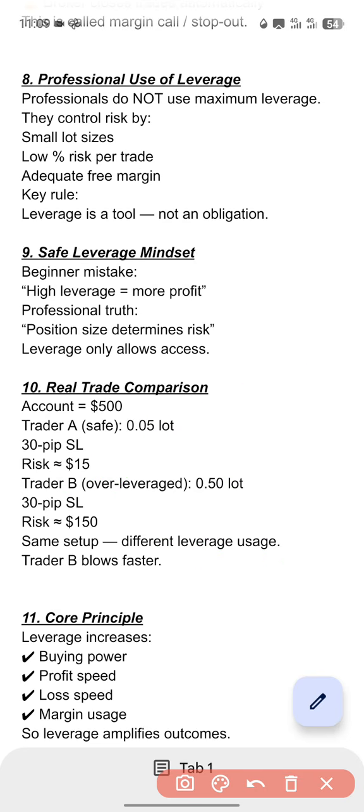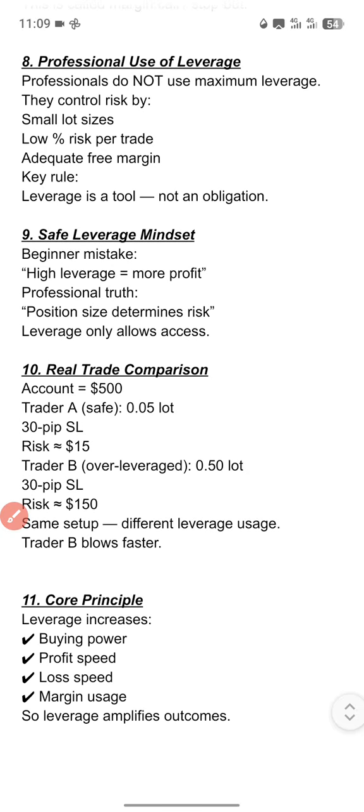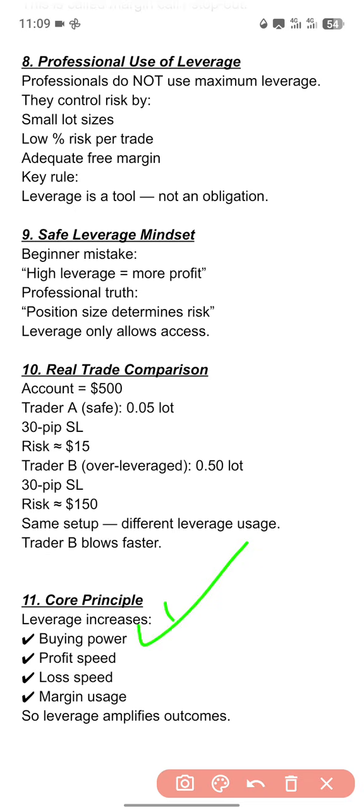Now let's move on to the core principles. The core principles here are: leverage increases buying power. It increases buying power, profit speed, loss speed, margin usage. So leverage simply amplifies outcomes.